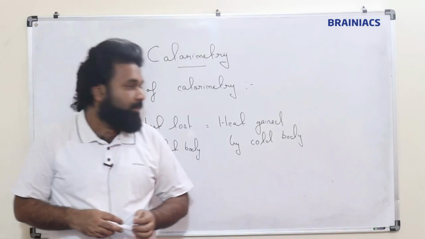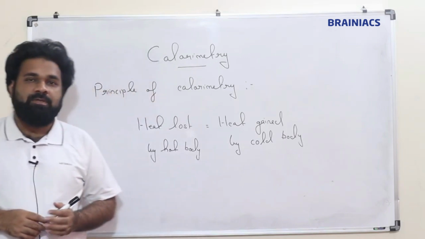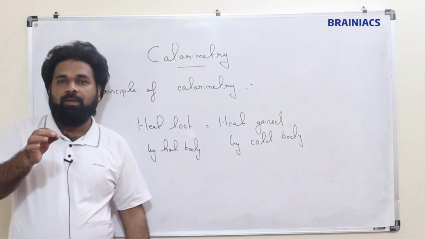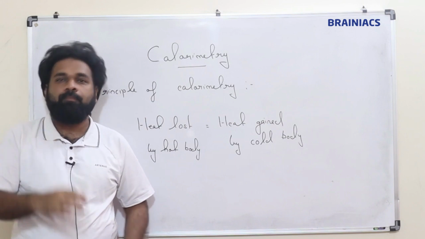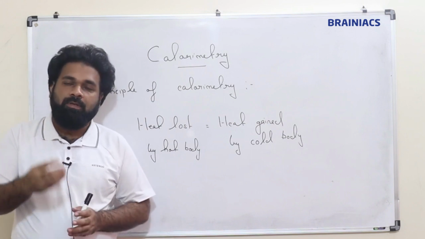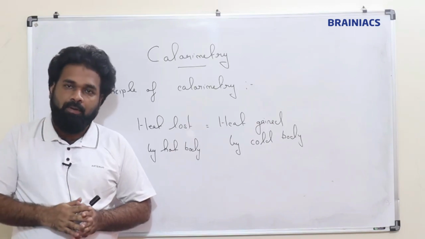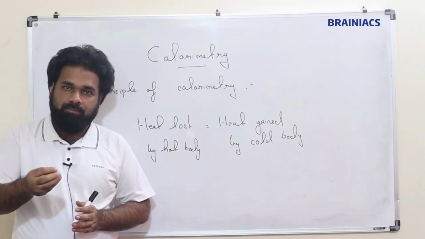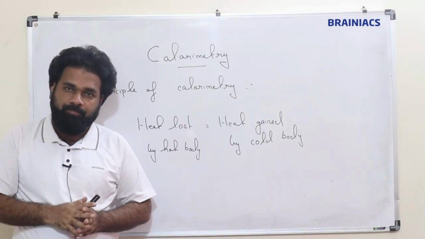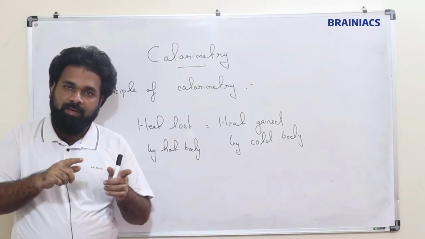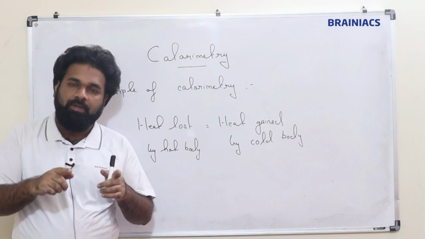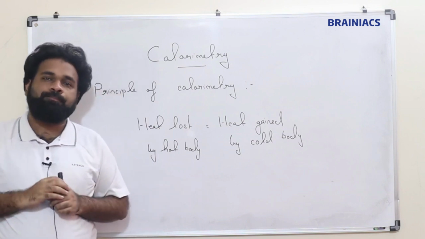As we discussed in the beginning of the chapter, suppose we keep a cup of tea on a table. The temperature of the tea will come down and heat will be transferred to the surroundings. So finally the surrounding temperature and the temperature of the tea will both be equal.